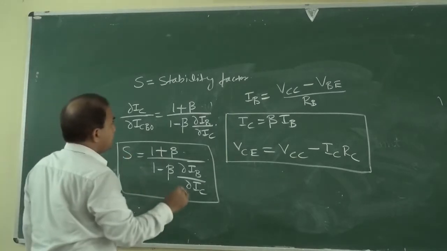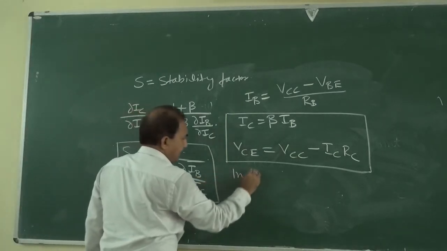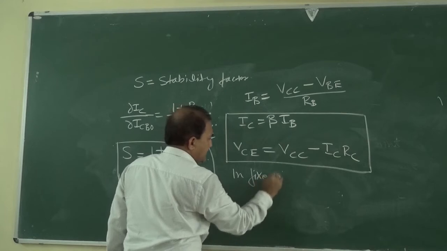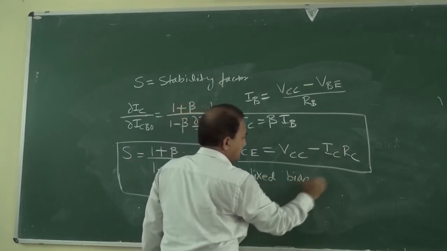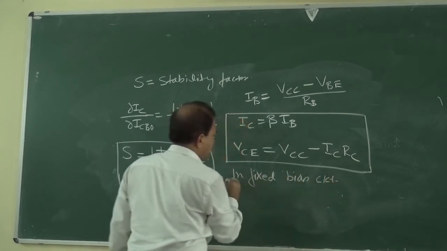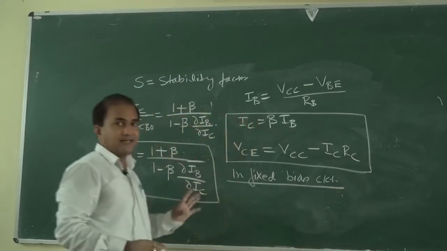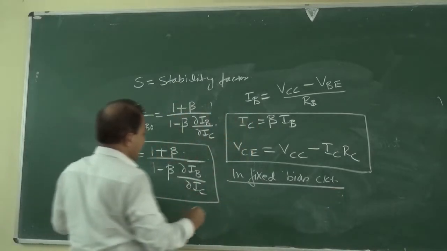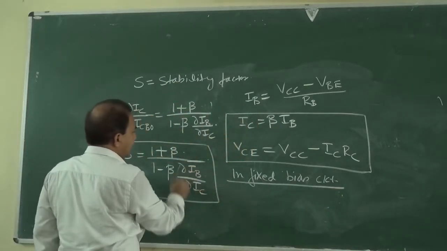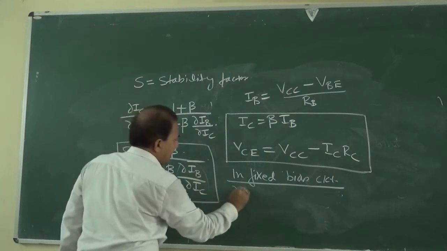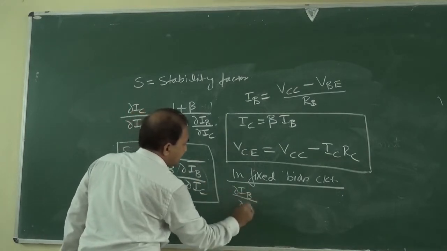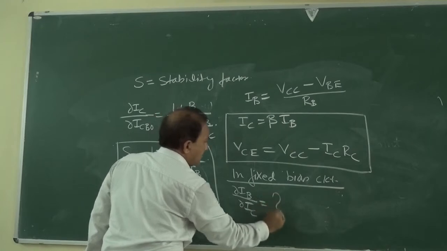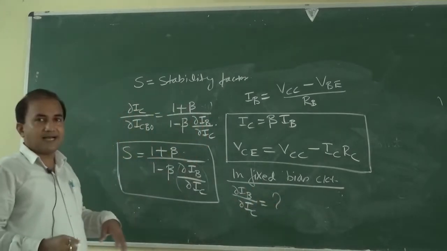So in fixed bias circuit, how to calculate the stability factor? How can we calculate del IB by del IC in case of fixed bias circuit?